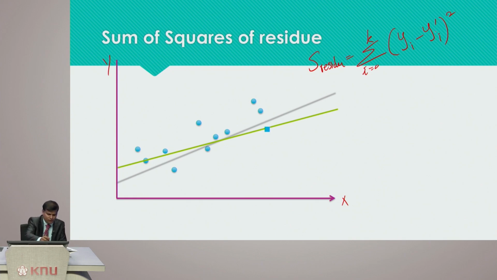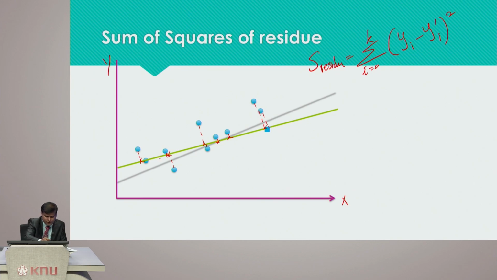So we are going to have these two values, yi and yi prime.